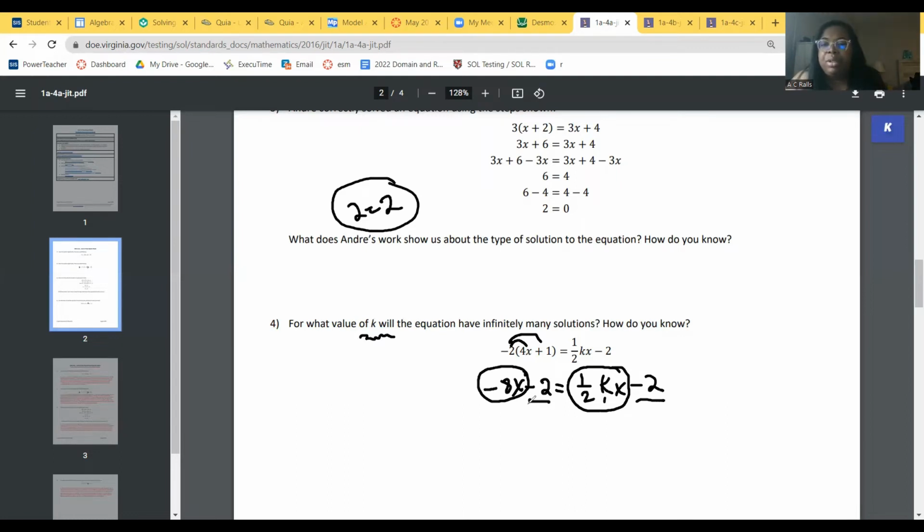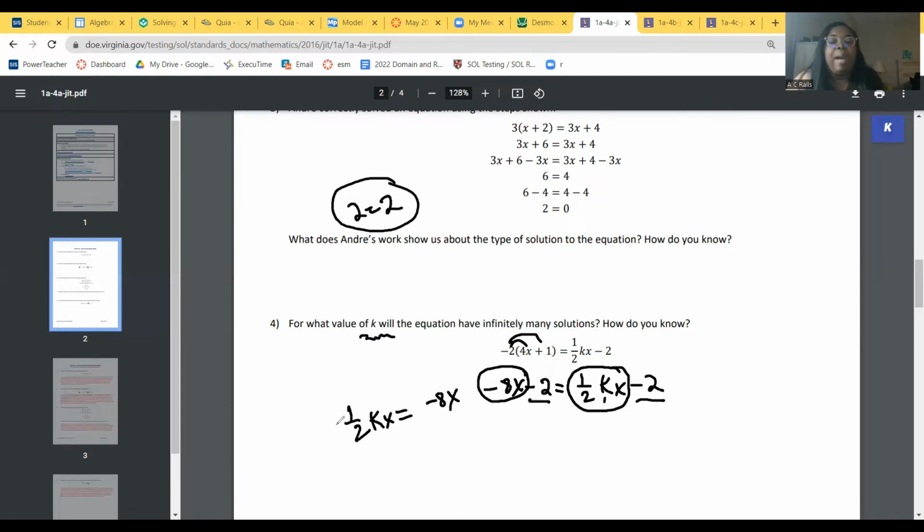Well, you can reason with yourself a little bit about this. You can figure that out. What value would k have to be in order for 1/2 kx to be the same thing as negative 8x?